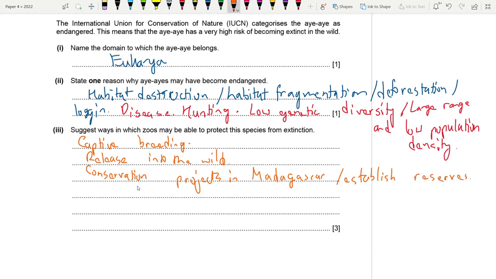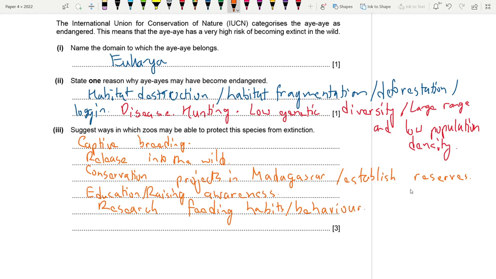Okay. Zoos also help in raising awareness or providing education. They could also research feeding habits or their behavior.